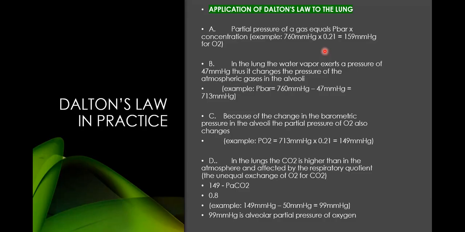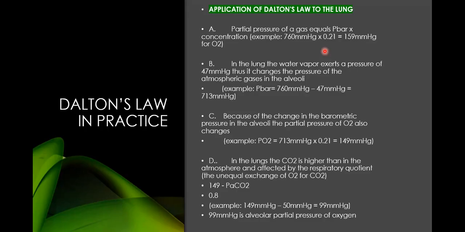So you see the journey that the oxygen has to take, right? There's a mathematical journey that has to be done, okay? So before I go on to the next slide, the partial pressure of oxygen in the air is 159 if you go by atmospheric pressure. But we can't do that in the lungs because we have to take into account the water vapor pressure, which is 47.